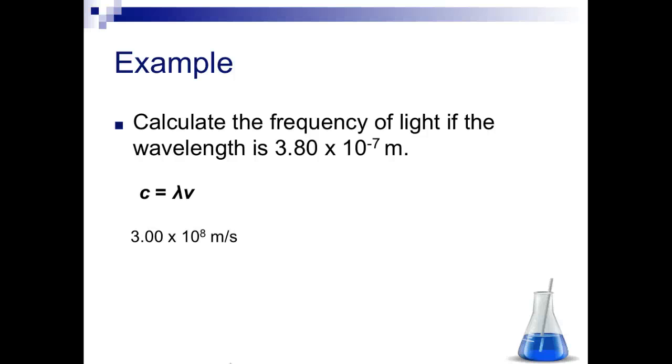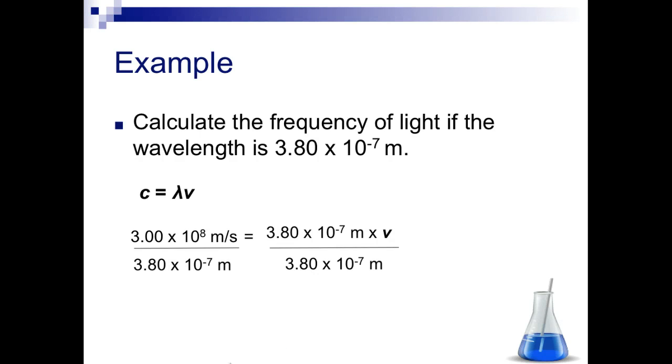So we're going to have our speed of light is equal to our wavelength times nu, and we're solving for nu. So we're going to divide each side by 3.8 times 10 to the minus 7th, and we get our frequency equals 7.89 times 10 to the 14th hertz.